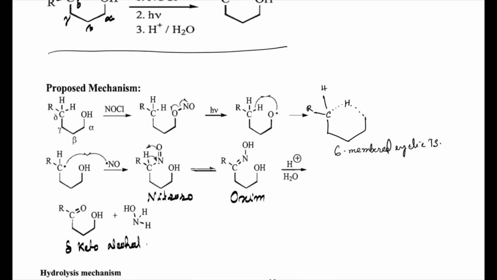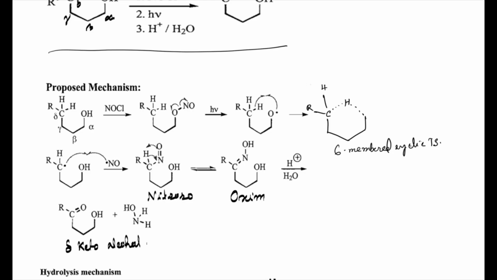The proposed mechanism is here. First, with NOCl, a nucleophilic substitution reaction takes place. What happens here? This OH group attacks this nitrogen, and Cl is removed, and after that an ONO compound is formed, that is a nitrito compound, which on treatment with hv breaks this bond.